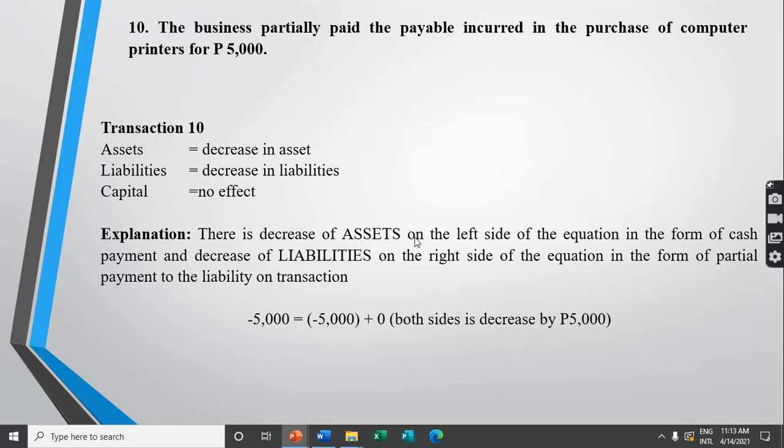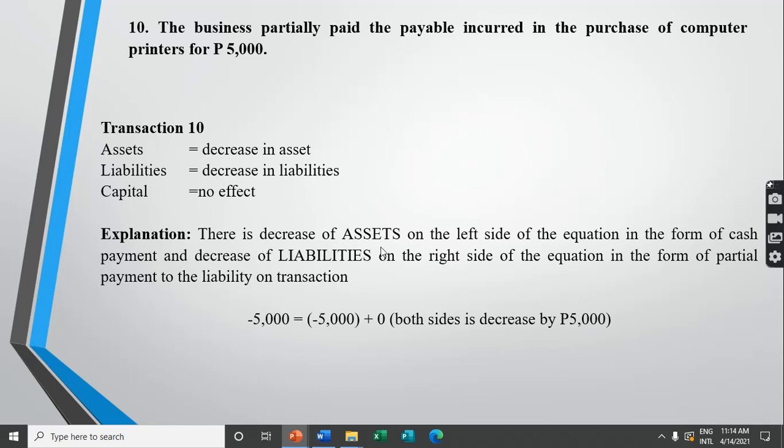So, magkakaroon tayo ng decrease in asset and also sa liabilities, decrease in liabilities rin kasi nagbayad ka nga ng utang mo which is worth 5,000. So, sa capital, walang effect doon. Okay? So, both sides decrease by 5,000. Okay?